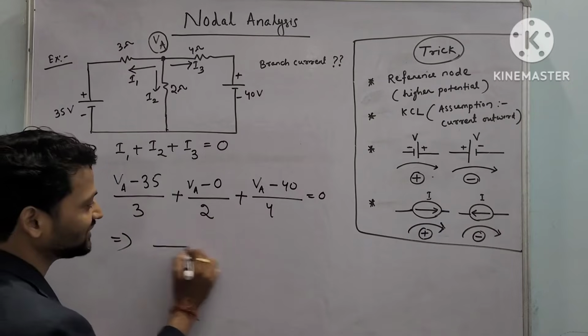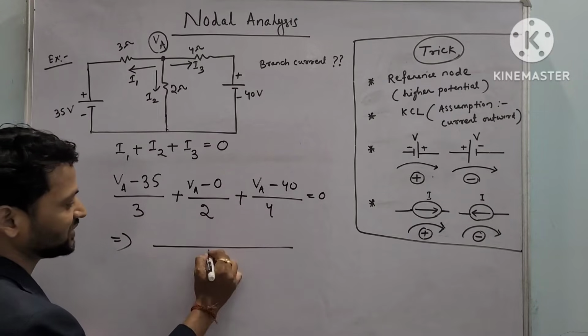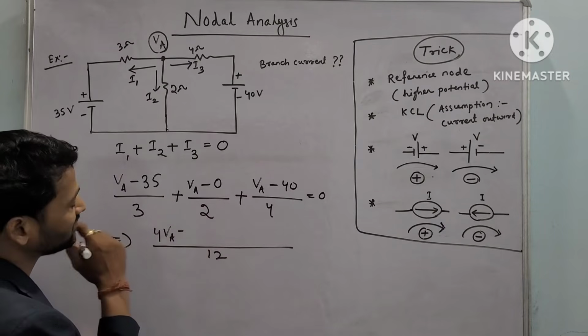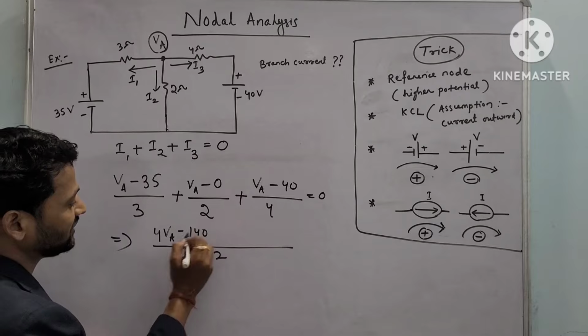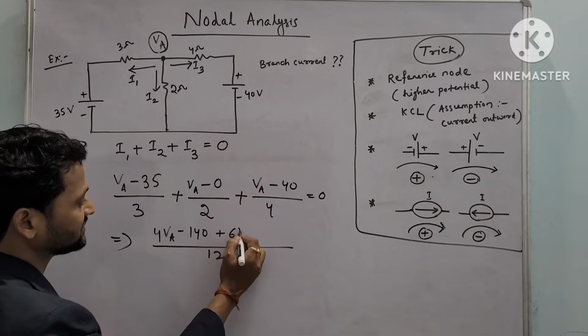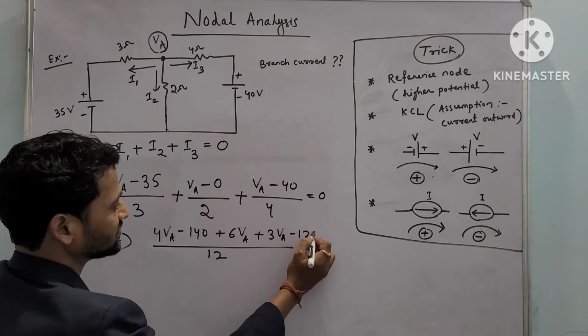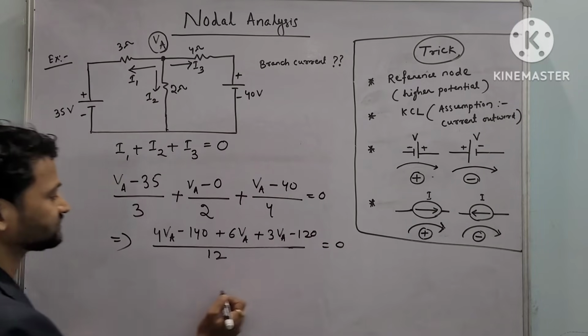You can take the LCM. Let the LCM be 12, and it is 4VA minus 140, right? Plus 6VA plus 3VA minus 120 will be 0.